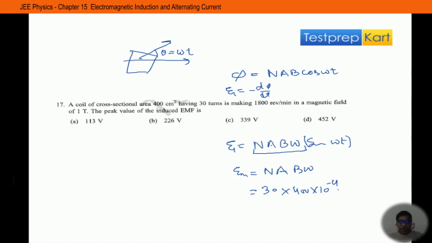Magnetic field is 1 Tesla, and this omega is 1800 divided by 60. This is our frequency, revolution per second, into 2 into pi. Here you can substitute pi equals 3.14. Okay, so if we calculate this, we will get 226.2 volt approximately. So correct answer is 226 volt.